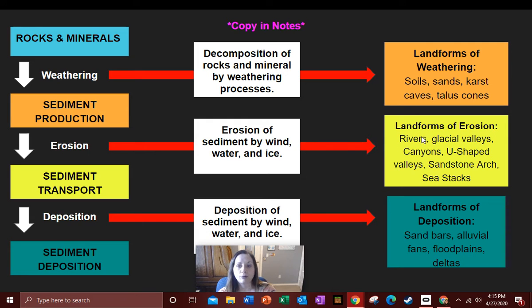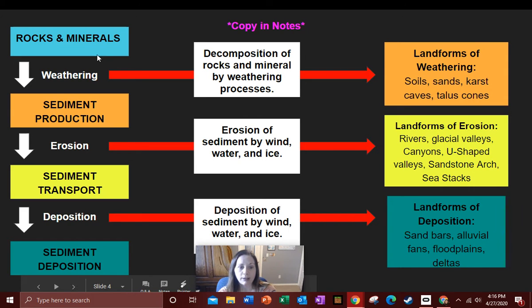And then the landforms that get formed are rivers, glacial valleys, canyons, U-shaped valleys, sandstone arches, sea stacks, and then deposition, that depositing of the sediment in a new place happens through wind, water, and ice. And things that get formed because of deposition are sandbars, alluvial fans, floodplains, and deltas.